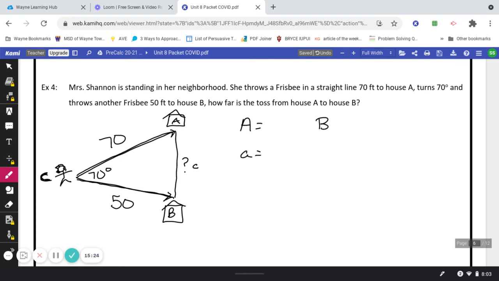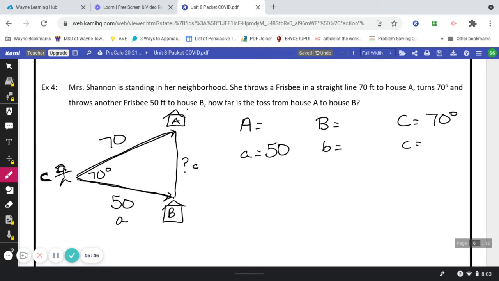All right, we'll set this up in our chart. Angle C. And then remember, the letters are across from each other. So if house A is up in the top right, then 50 will be my side.